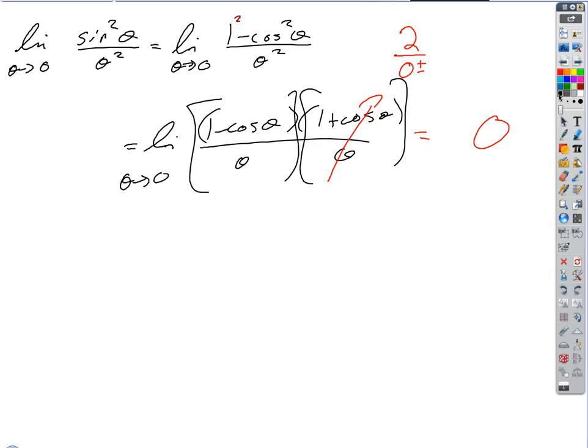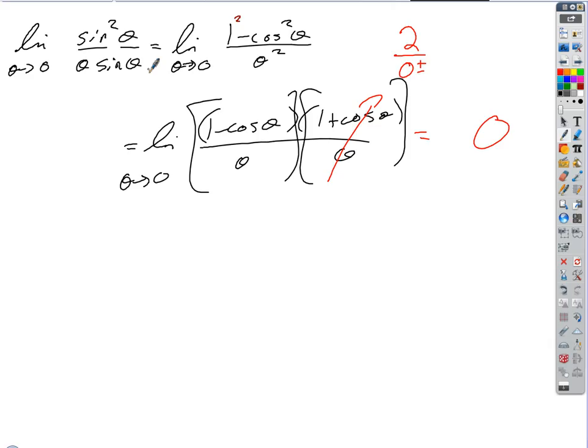Then on the bottom we would have had what? We would have had theta times sine theta. Agreed? I'm multiplying by 1. I multiplied sine theta times sine theta and theta times sine theta, right?